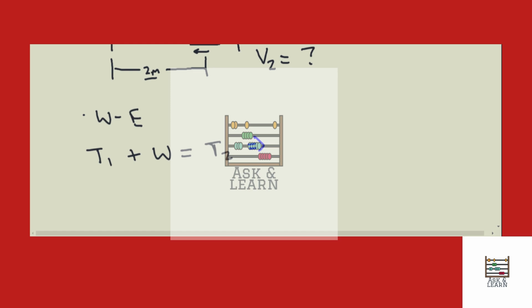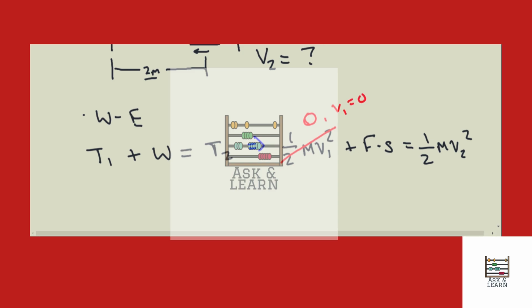Of course, we can expand this to 1/2 m v1 squared, v1 for the initial velocity, plus the force times the distance s is equal to 1/2 m v2 squared, v2 being the final velocity, which is what we're looking for. And we know that when it's at 2 meters, the object is at rest, so the initial velocity is 0. So this part of the equation is 0 because v1 is 0.